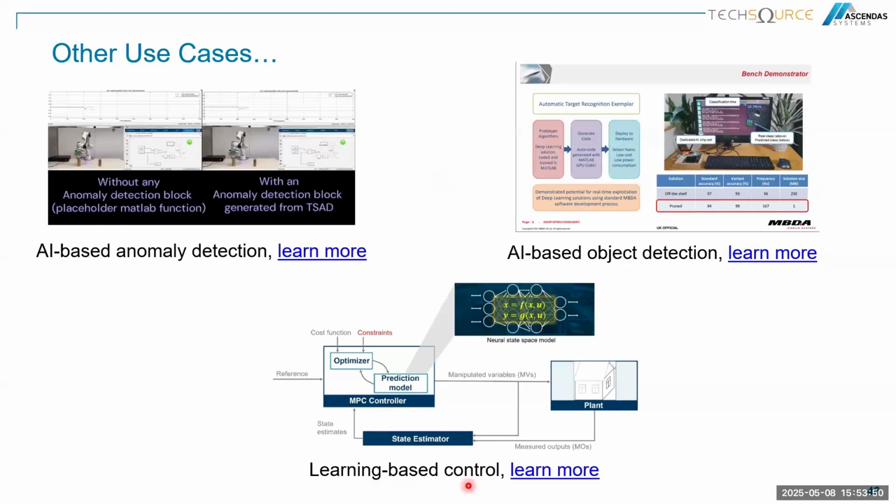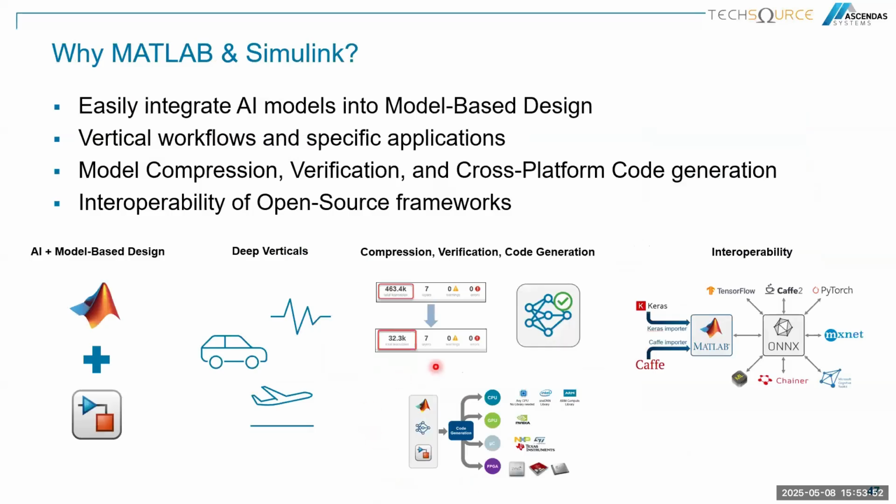The last one, why we need to use MATLAB and Simulink here, to summarize. The first one is it's quite easy to integrate AI models with model-based design. Second is the vertical workflows, that have many workflows specific to your application. The third is the V&V workflow for model-based design, like model compression, verification and validation, Requirements Toolbox, back-to-back testing, baseline testing.